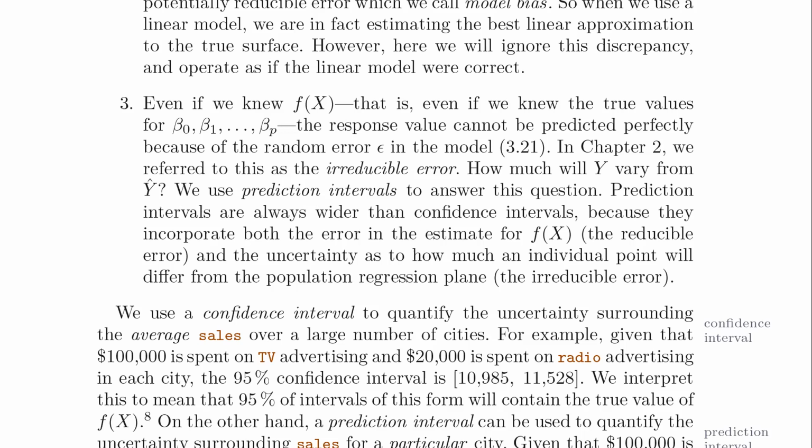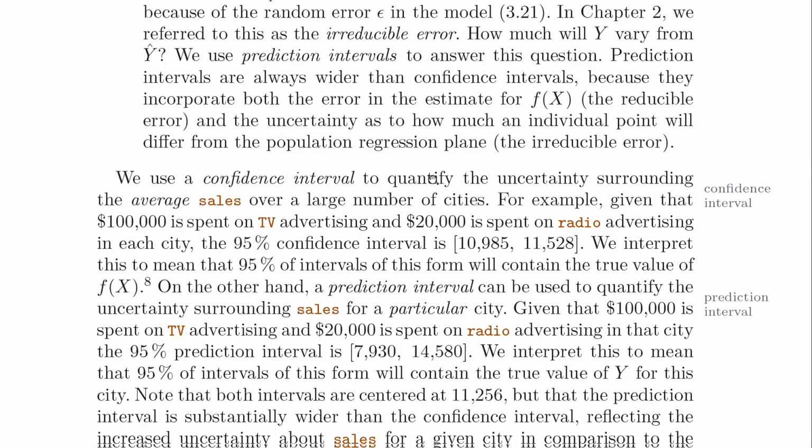You can actually reduce that error. You can get beta hats that are closer than your previously calculated beta hats to the true beta. And the uncertainty as to how much an individual point will differ from the population regression plane, that's the irreducible error.